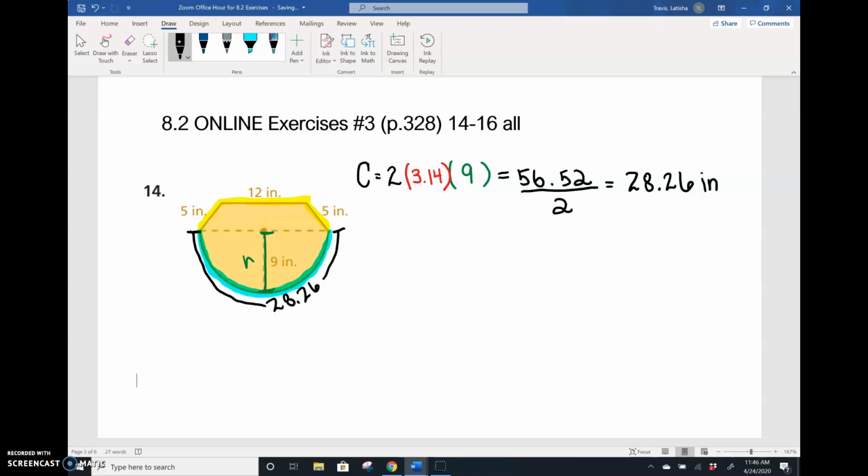So now that we know that length, we can next find the perimeter by adding all of those four numbers together. So the perimeter equals, and I'll mark each number off as I add it to the equation so I don't double count, 5 plus 12 plus 5 plus 28.26.